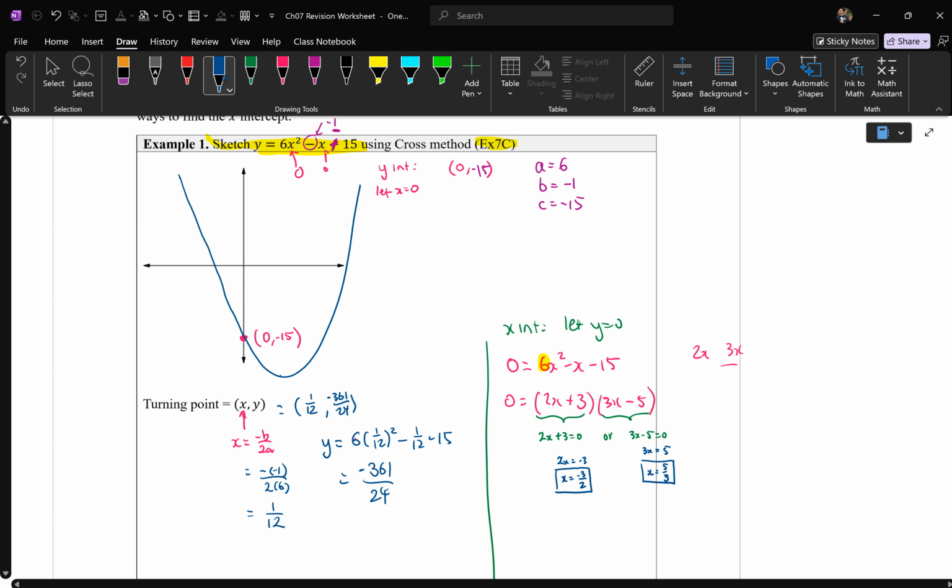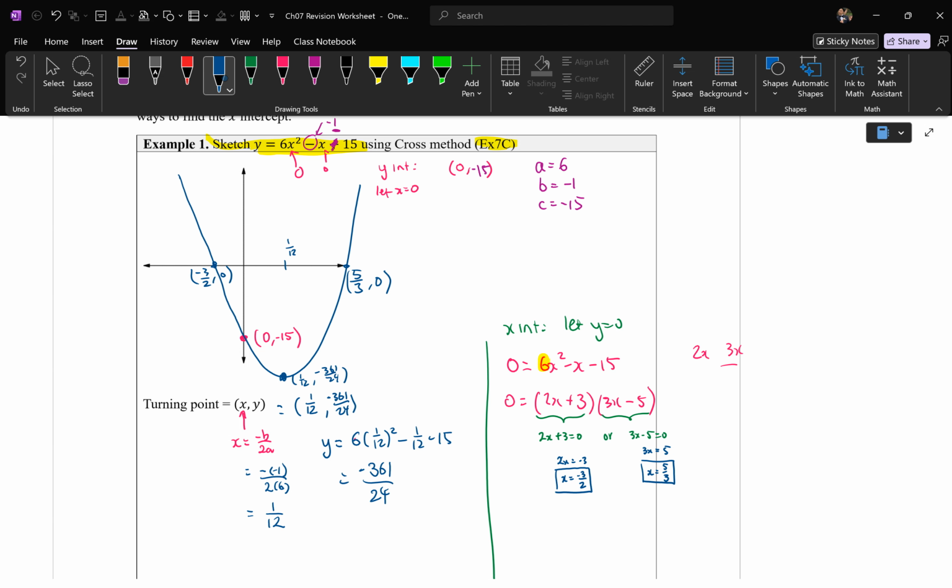It'll be something like this, with the turning point at 1 on 12, -361 on 24, and then your 2 x-intercepts are at -3 on 2 and 5 on 3. Make sure to put in coordinates for each and every one of them. So here we would then write 1 on 12, -361 on 24. Apologies, I should have thought about the fractions a bit more clearly to give you a better turning point.